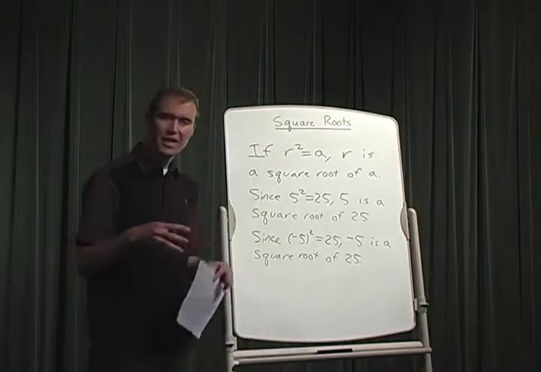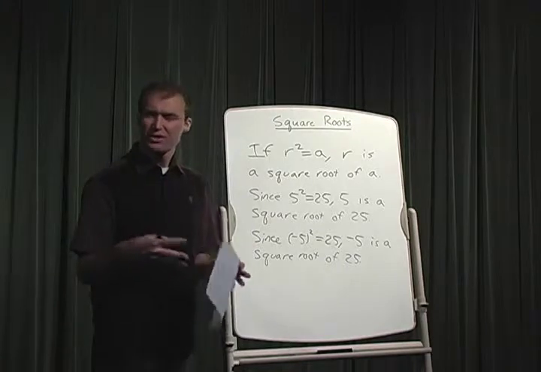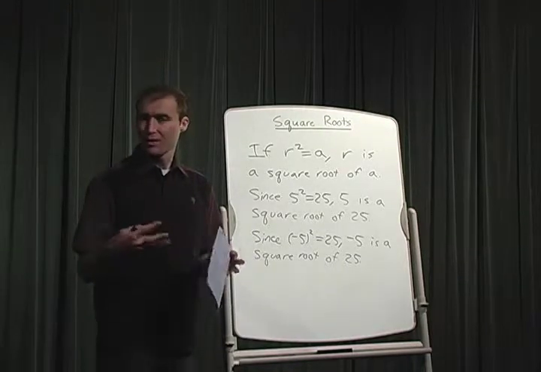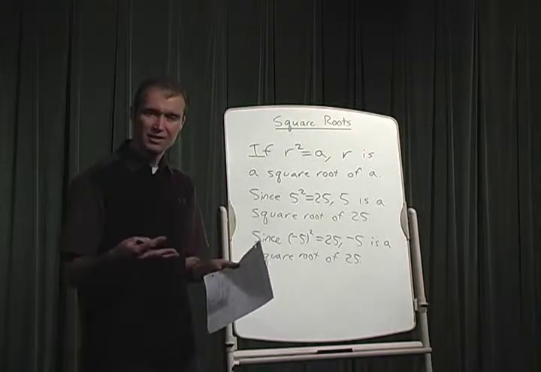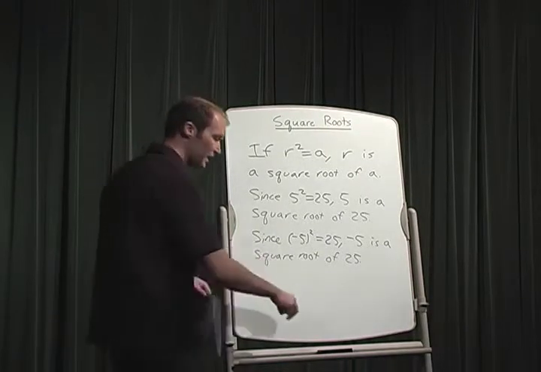In fact, every positive number, not just 25, every positive number has 2 square roots, one of them being positive and the other negative.